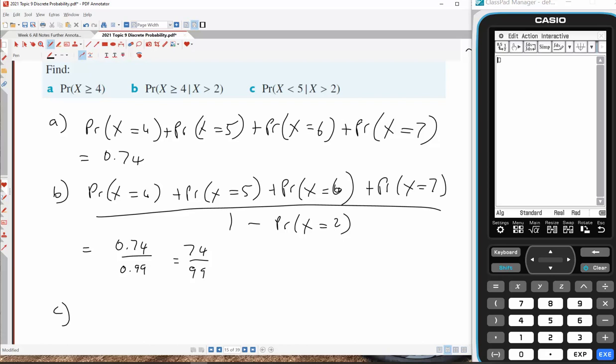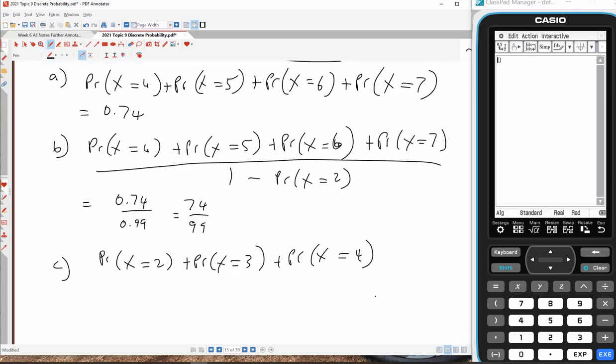Okay, C. This is a tough one here. So the probability that the random variable is less than 5, given that the random variable is greater than 2. Okay, so less than 5 means the probability that x is equal to 2, plus the probability that x is equal to 3, plus the probability that x is equal to 4, over the probability that it's greater than 2, which is 1 take away the probability that x is equal to 2.